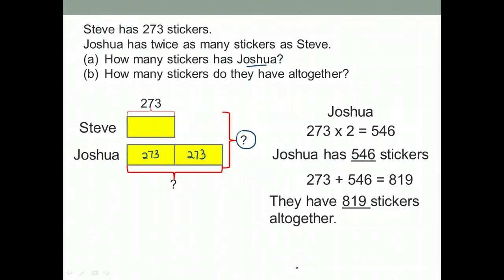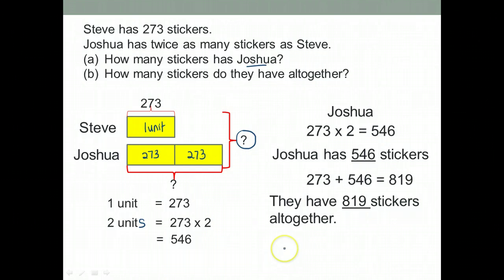There is an alternative solution, which means I know that Steve is 1 unit, which is 273. Joshua has 1 unit, 2 units. So 2 units of Joshua would be 273 times 2, which gives me 546.